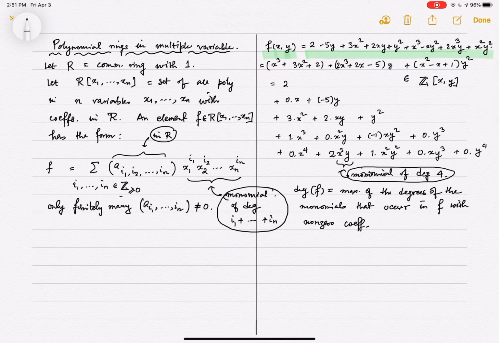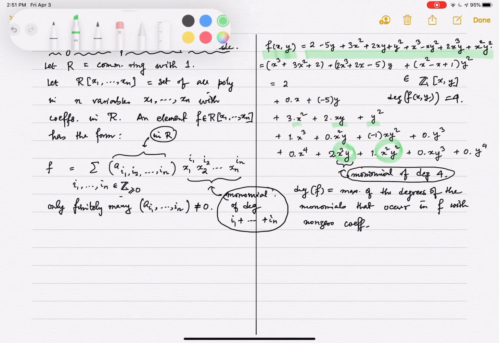So in our example here, this f has degree 4, right? Here are degree 4 terms, and that's the biggest you get. These are degree 2 terms, etc.